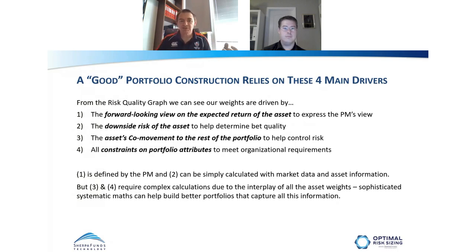And remember, that is different for every asset. If you've got 50 assets, asset one's co-movement is the co-movement of it with the other 49 assets in their weights. Asset two's co-movement is the co-movement of it with asset 1 and assets 3 to 50, etc. So it's quite a complicated problem. You need to look at all that. And you need the 4th thing, which is that all the constraints and everything have to be compliant and in place.